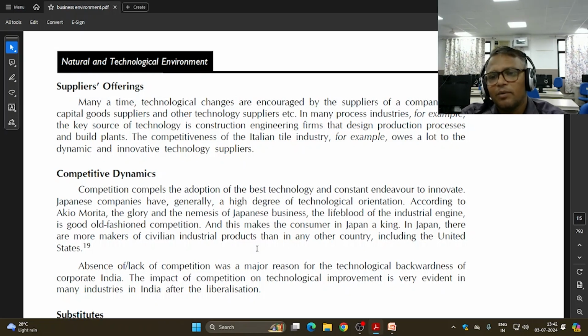In Japan, there are more makers of civilian industrial products than in any other country, including the United States. Thus, the lack of competition was a major reason for the technological backwardness of corporate India. The impact of competition on technological improvement is very evident in many industries in India after liberalization.